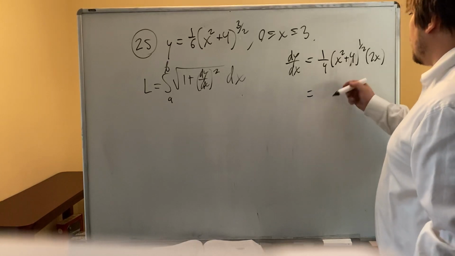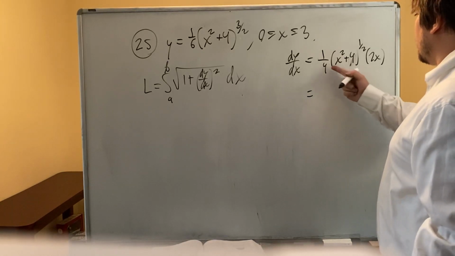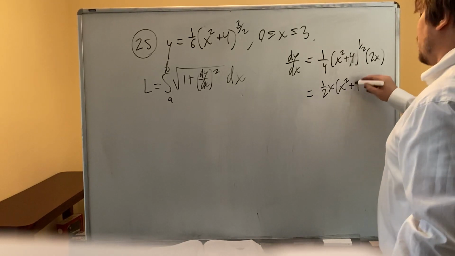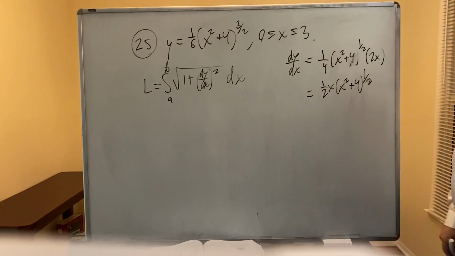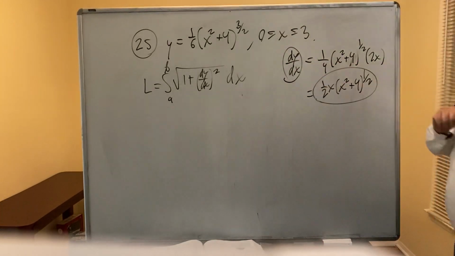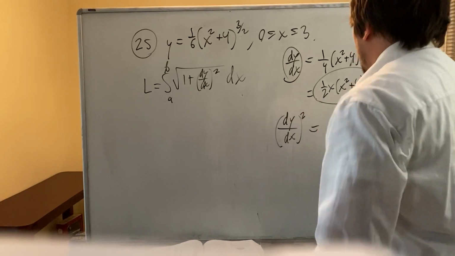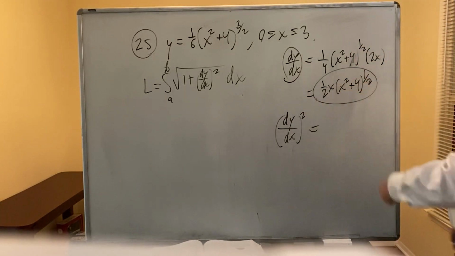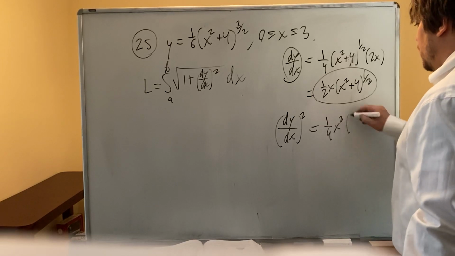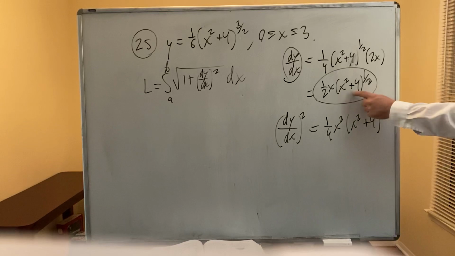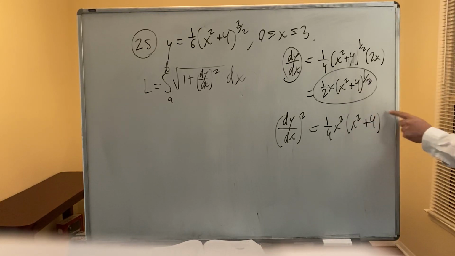That's the same as 1/4 times 2, which is 1/2. So you get 1/2 x times (x squared plus 4) to the 1/2. So dy/dx is equal to that. Okay, so (dy/dx) squared is the square of that, which is 1/4 x squared times (x squared plus 4), because you square this, the 1/2 squared is to the first.